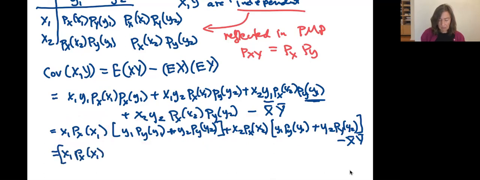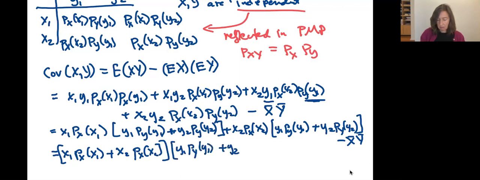x1 p(x1) plus x2 p(x2), times the common factor, y1 p(y1) plus y2 p(y2), minus x bar y bar.